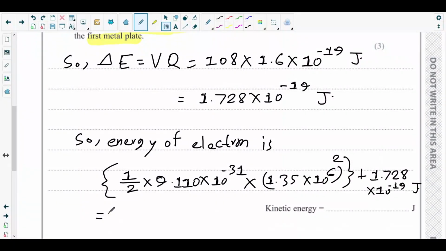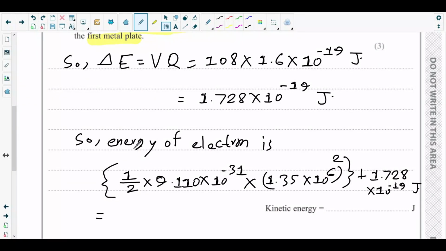So the total energy you will get is 1.0029.